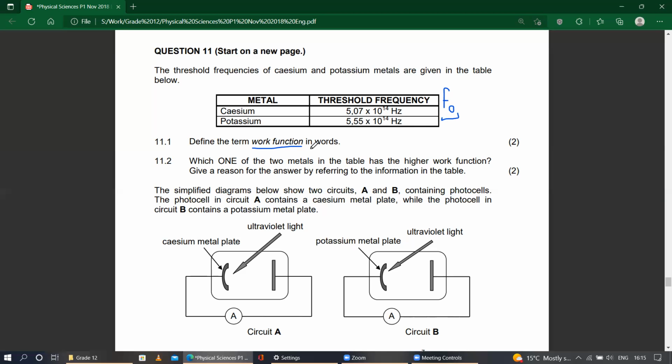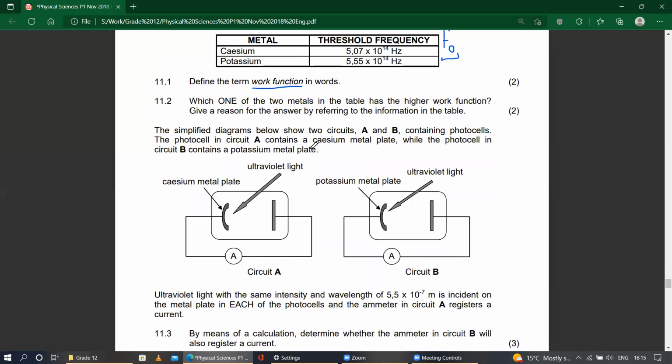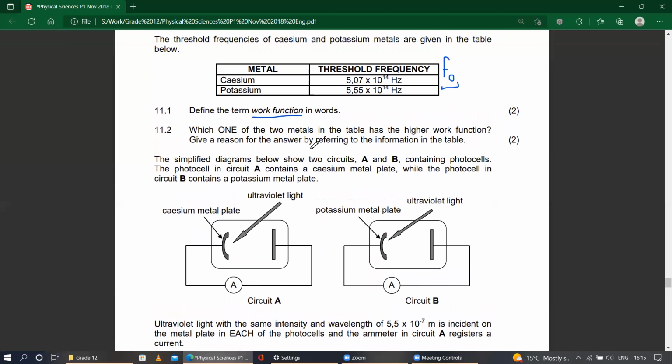So now we're gonna go to 11.2, where you say which one of the 2 metals in the table has a higher work function, and give your answer by referring to the information. So since we know that our work function is equal to Planck's constant and our threshold frequency, I mean, it's the product of Planck's constant and threshold frequency.